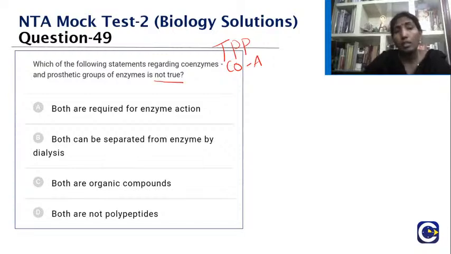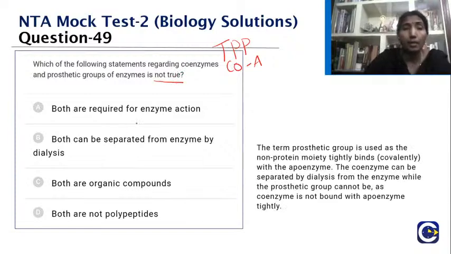So now what is happening here? They are asking the statement regarding coenzyme and prosthetic group of enzymes which is not true. Here the part which is not true is that both can be separated from enzyme by dialysis. That is not true, because the prosthetic group, the non-protein part, will bind with the apoenzyme.